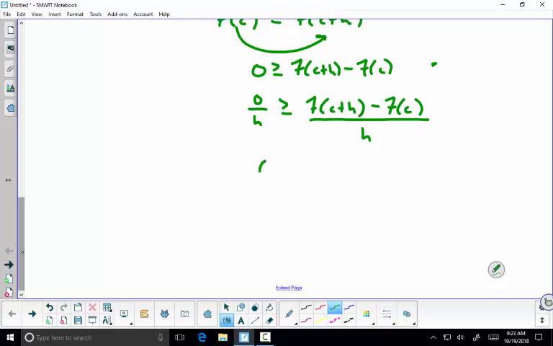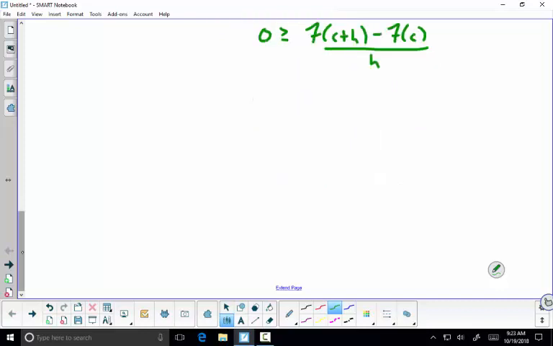Okay? So we've got that 0 is greater than or equal to f of c plus h minus f of c, all over h. Notice that this is not yet the derivative because we haven't taken the limit yet. So let's go ahead and take the limit as h approaches 0 of both sides. And I'll make a comment about that limit in just a second.